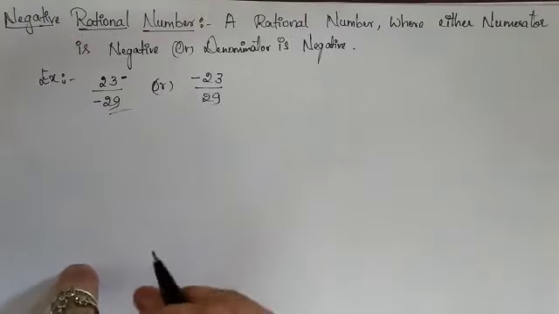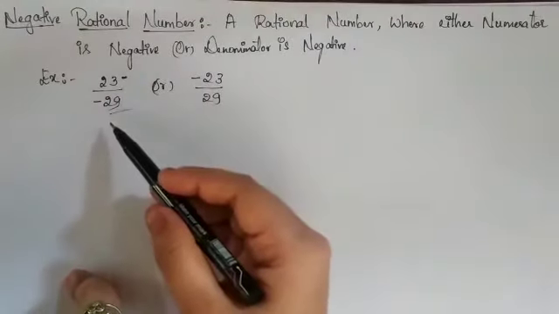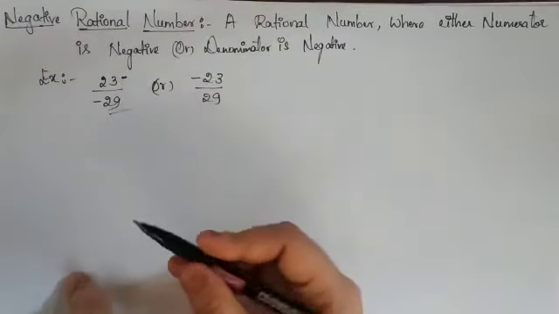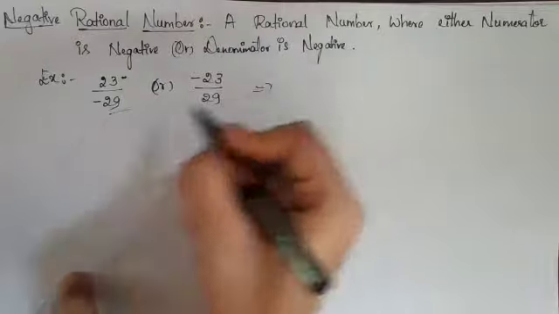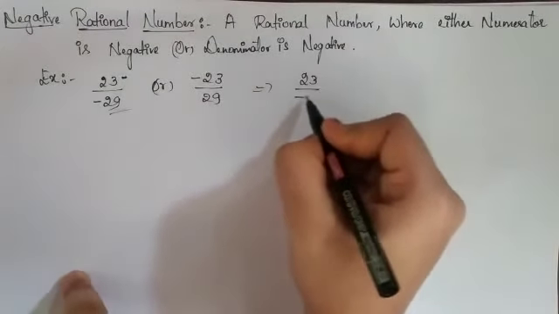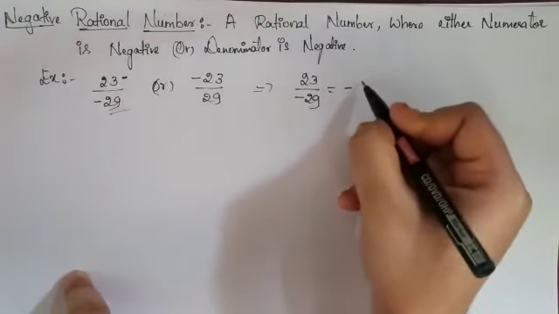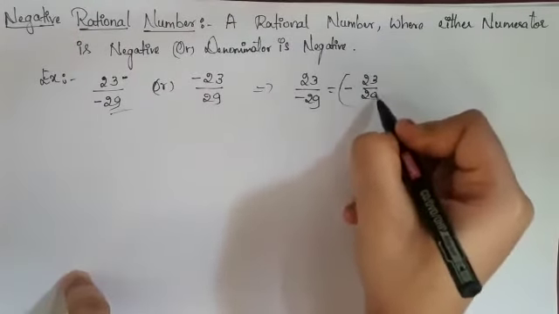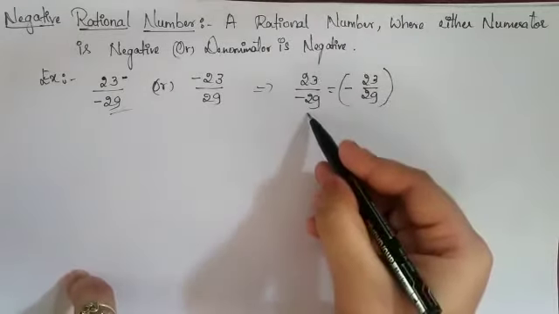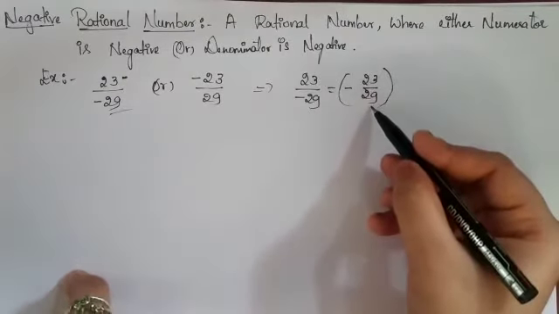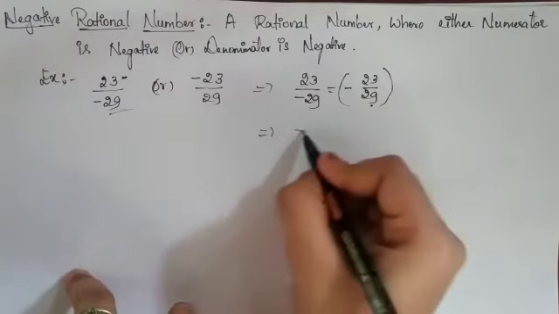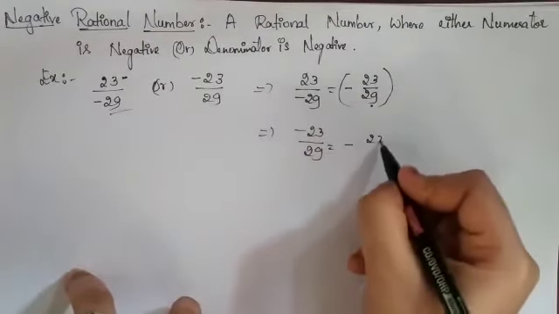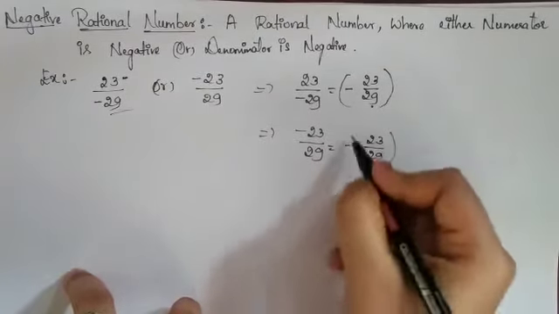If any one of them, either the numerator or the denominator, is negative, then you can say it is a negative rational number. Why? Because I can write 23 divided by minus 29 as minus of 23 divided by 29, and I can also write minus 23 by 29 as minus of 23 divided by 29.